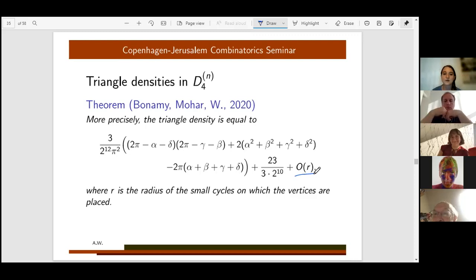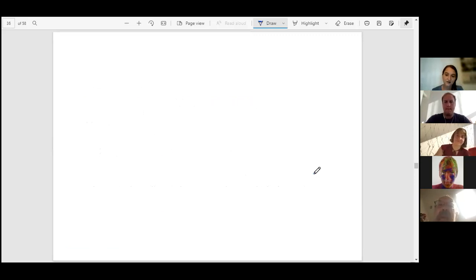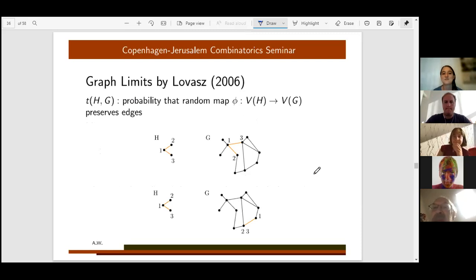Okay, so these are triangle densities. Maybe this is already some kind of limit that we're looking at, and properties of maybe a limiting object that we're looking at. So let me explain now a little bit the theory by Lovász about graph limits.